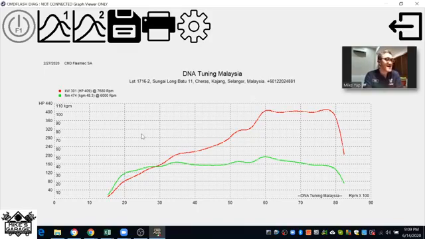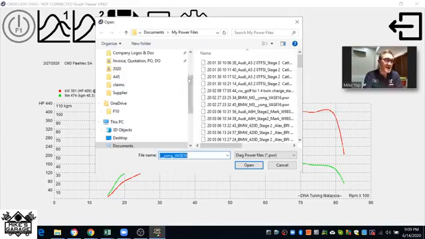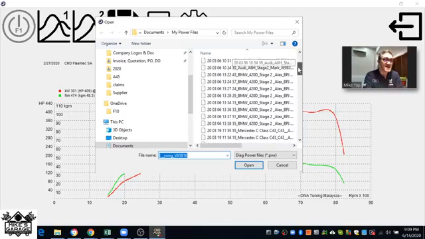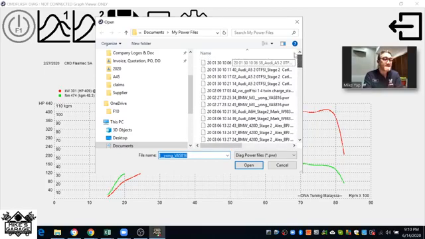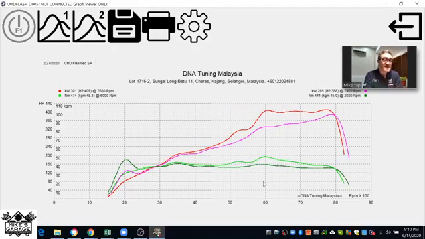This is an M3 that we tuned quite some time back. Now this is not a very accurate chart. I can pull out another one just for comparison. Here. As you can see, one is from the stock run and one from the tune run. With this particular chart, it's quite interesting.